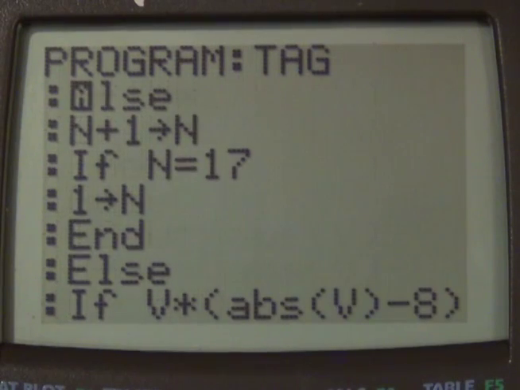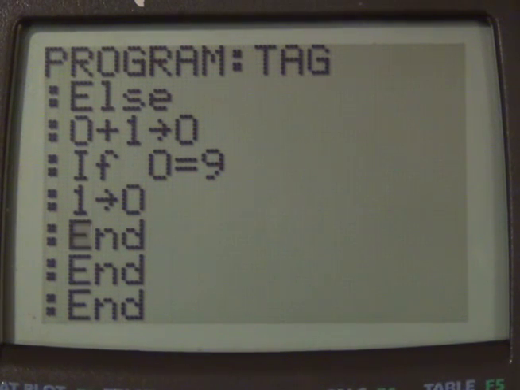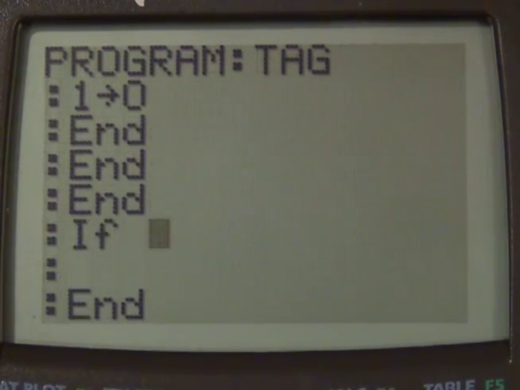So let's go down here. Yeah, so we'll just check it right here in the last loop.